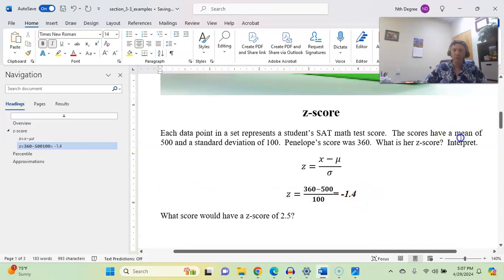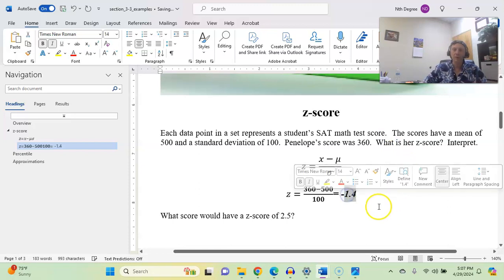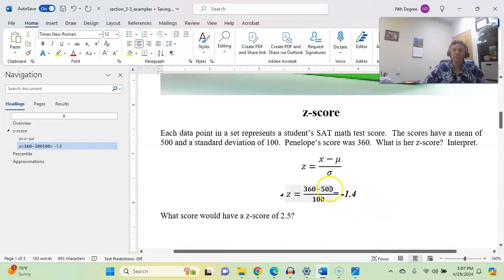So let's interpret. How is Penelope doing compared to the rest of her class? Well, for starters, her z-score is negative. What does that tell us again? If Penelope's z-score is negative, it means that Penelope is below the average. However, if we look at the absolute value of her score, 1.4, it's not as big as 2.